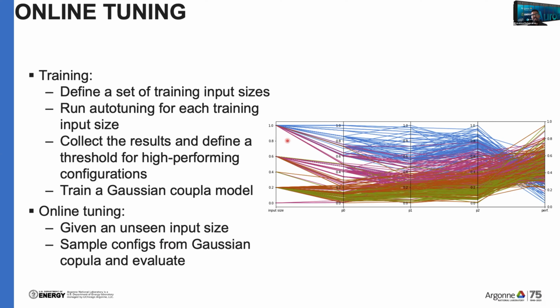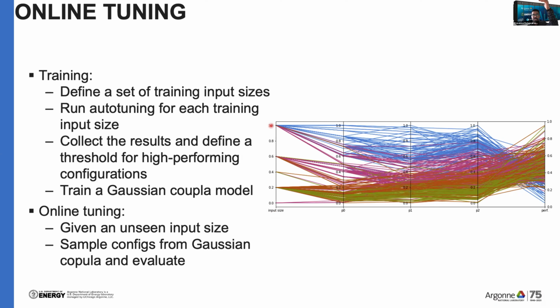So how does that look? This is a parallel coordinate plot for different input sizes. The first coordinate is the input size, and these are all the different parameters. Each color represents one input size. The Gaussian copula model is trying to capture the correlations between high performing configurations across input sizes, and that is the key.